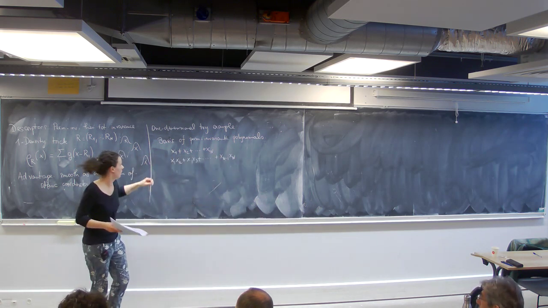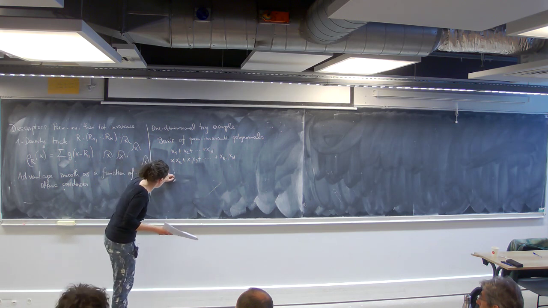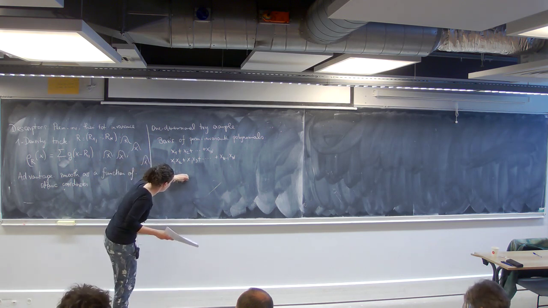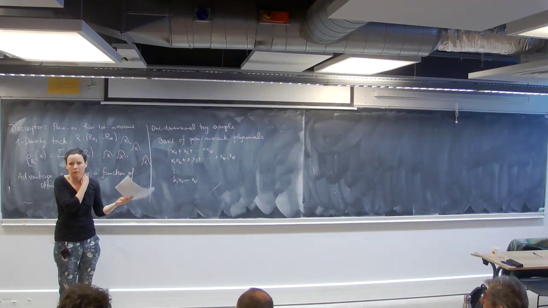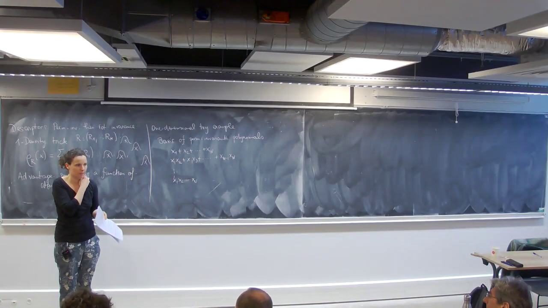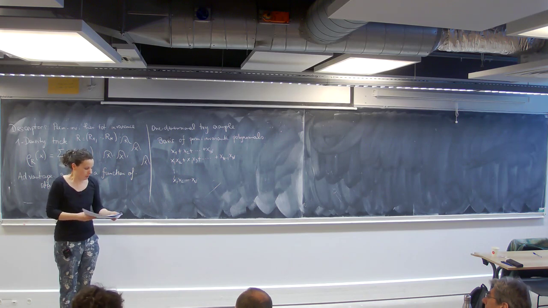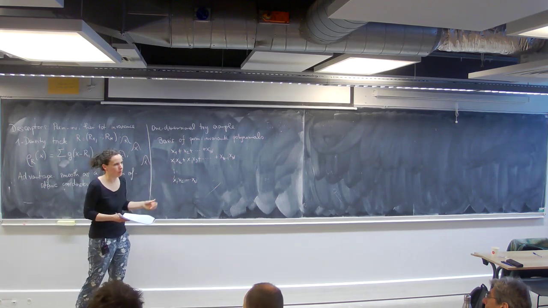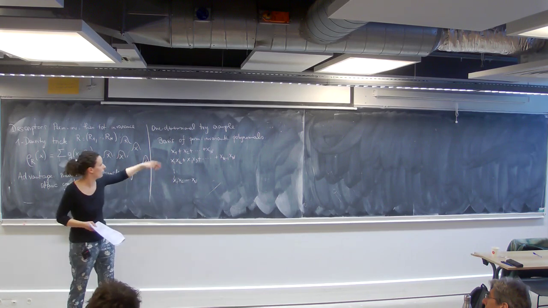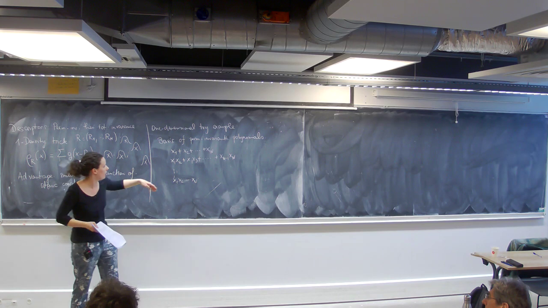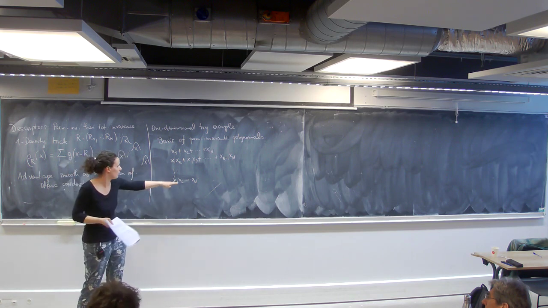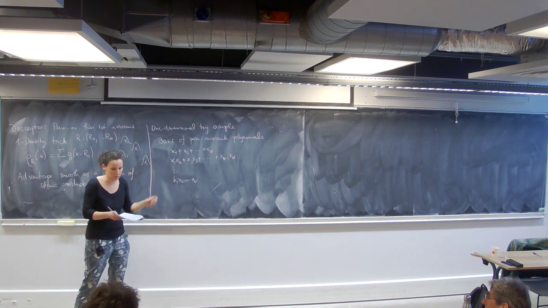And then I can go all the way to x1 times x2 times xn. And this is the basis of symmetric polynomials. So basically, you can construct any polynomial with these polynomials, and if you only go up to degree n, then you only need those polynomials.